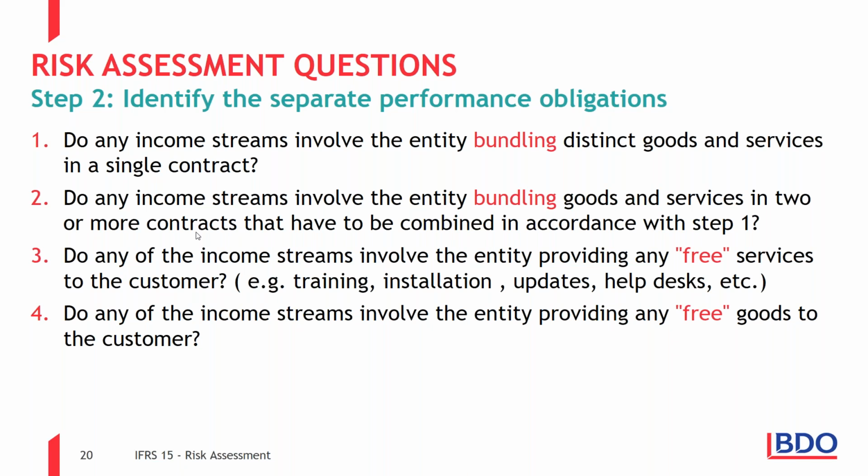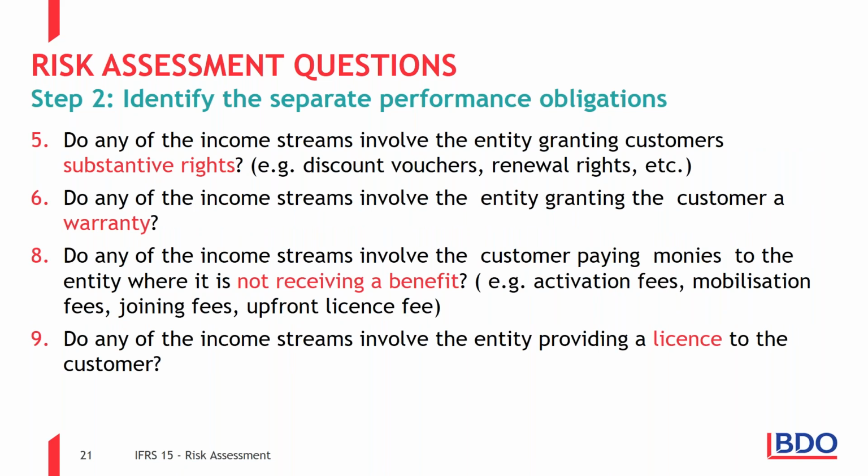Then some more questions. Question 5: do any of the income streams involve the entity granting customers substantive rights? Now, substantive rights would be if we give them discount vouchers that are substantial. So a 50% discount voucher, if you buy one dress and you come back within the next 30 days, you can buy a next one at a 50% discount. Are there any renewal rights?